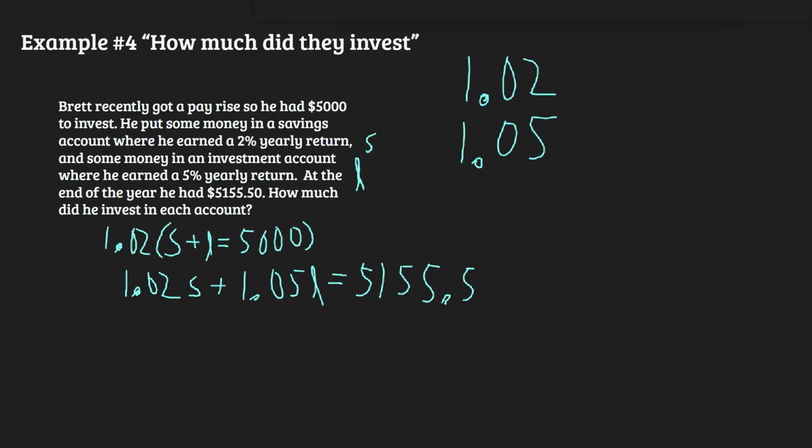So we have 1.02 times S, that's 1.02S, and that's why we're doing this, so that other 1.02S cancels out. And then 1.02 times L is plus 1.02L. And then 5,000 times 1.02 is equal to 5,100.